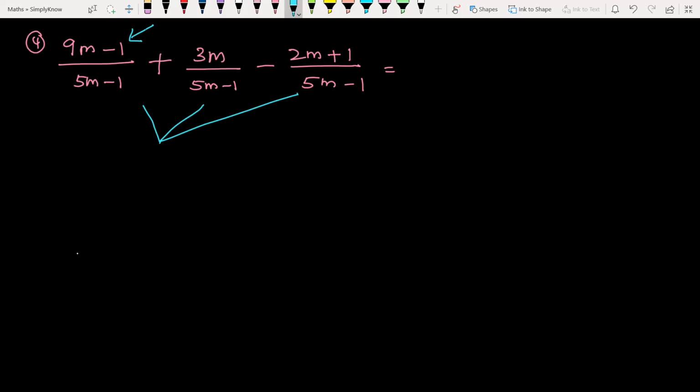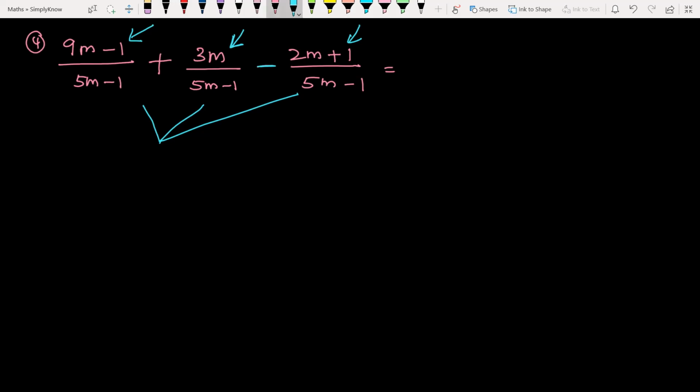So our numerator is an algebraic expression over here, and here it's only an algebraic term. Once again, in the third numerator's place, we have another algebraic expression. When we have algebraic expressions in the numerator's place, and when we are to subtract, we need to be a bit careful.